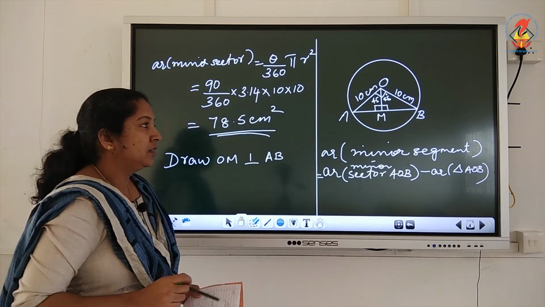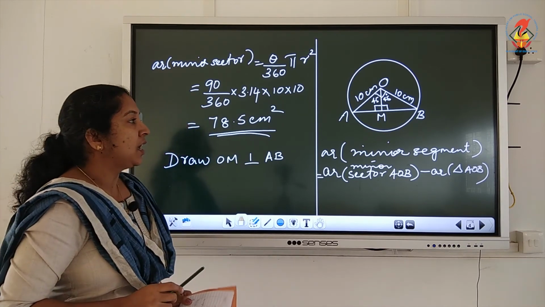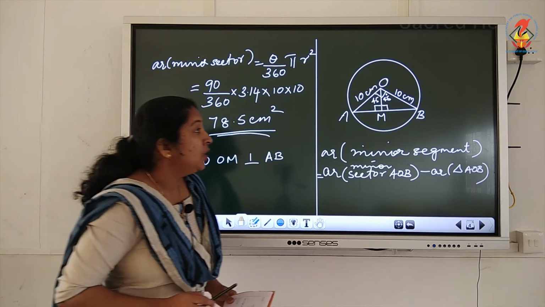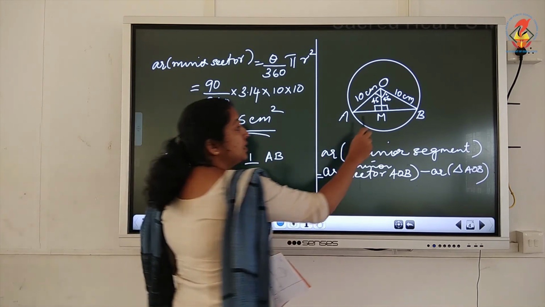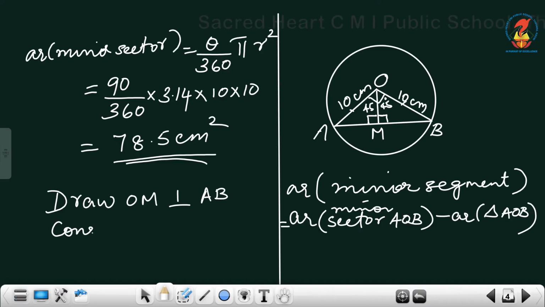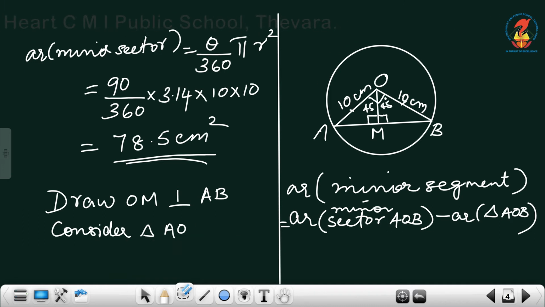So, what we can do here is, using RHS congruence criterion, we can say triangle AOM is congruent to triangle BOM. That means this is 90 degree. So, both the hypotenuse is equal. So, consider triangle AOM and triangle BOM.